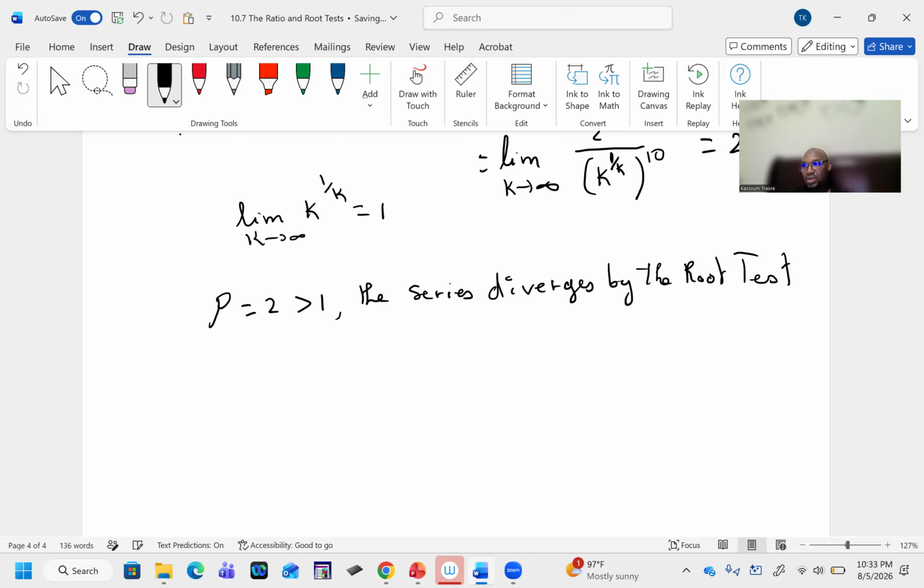Again, we could use the ratio test for both series in this example.